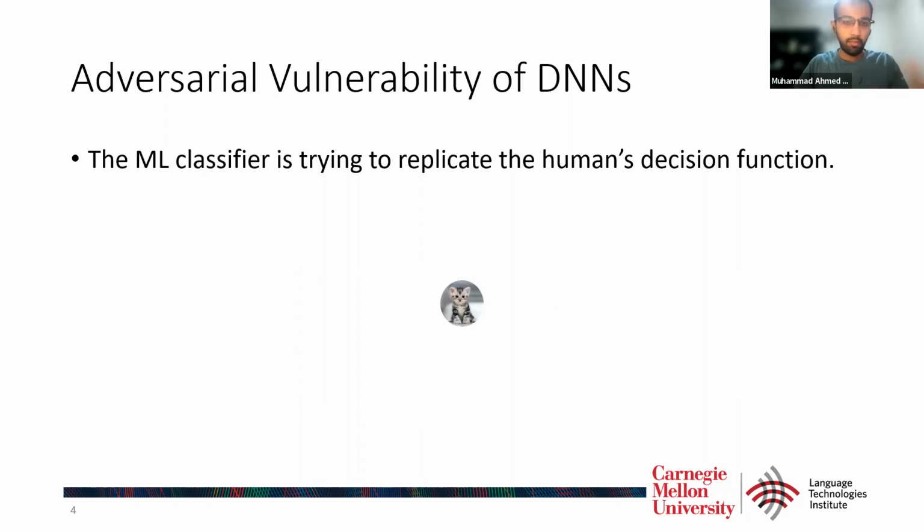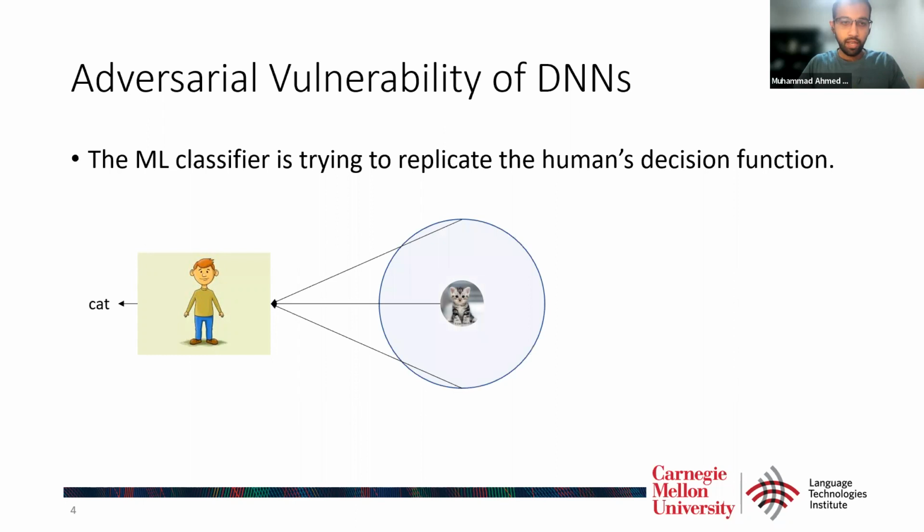If a human is given this image of a cat, they classify it as cat. And there's a class of images that is represented by this blue circle, all of which people would consider as cats.